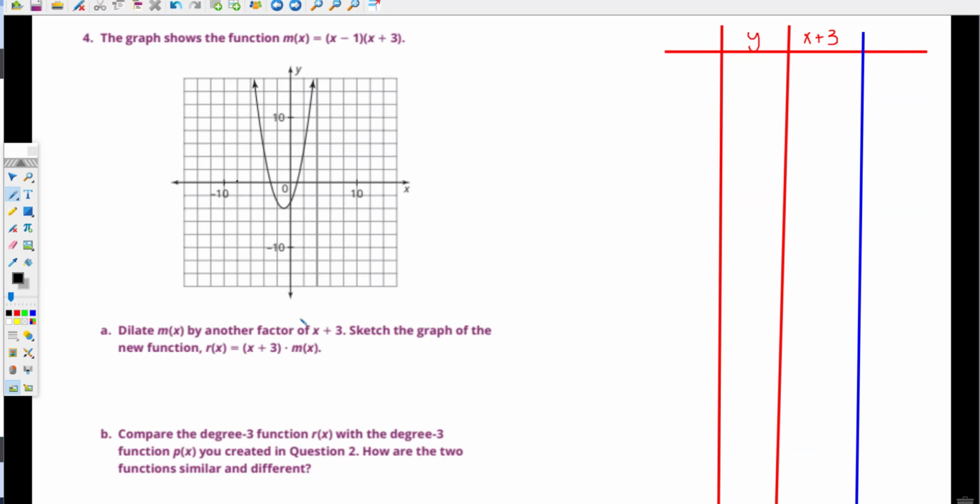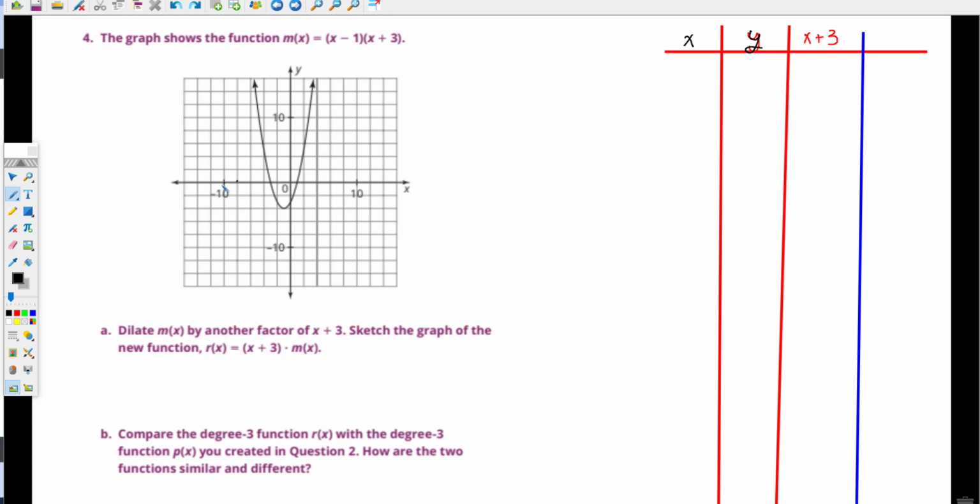So we're going to dilate this graph by x plus 3. But first, we need to identify the x and the y values off the original graph. And so we need to figure out what we're counting by again. What are we counting by? What's our scale? Is it 10?